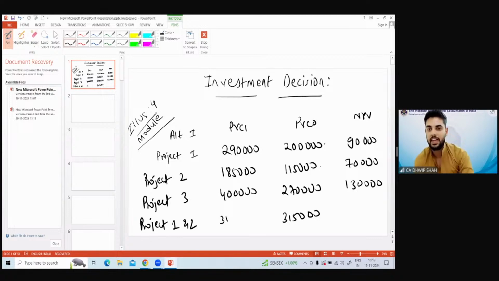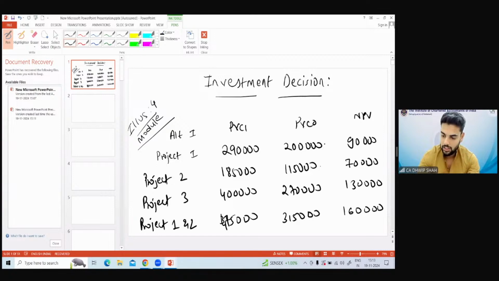Similarly, PVCI would again be just the sum of both the projects. So can I say my PVCI is 290 for project A and 185 for project B. So it comes to 475. Yes or no? So my NPV, if project 1 and project 2 are simultaneously taken, is 160. Any doubts still here? Online participants, any doubts? If project 1 and 2 are together taken, can I move forward?